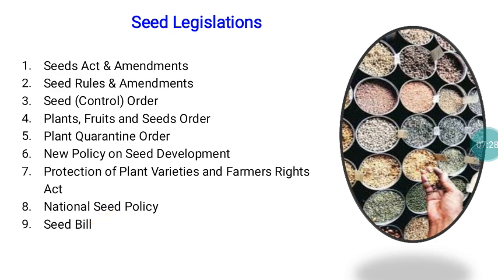Like that we have many legislations. All these are mainly to prevent any kind of malpractice, starting from production to the cultivation operation. That is very important. Everything is legally governed, passed in the parliament and accepted.